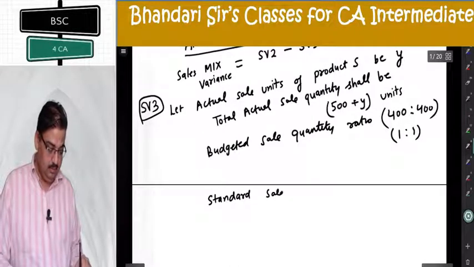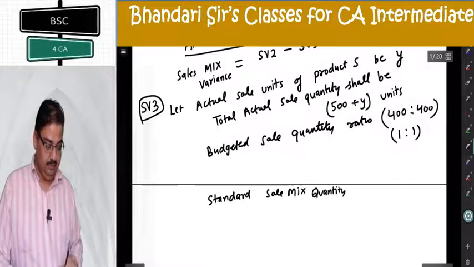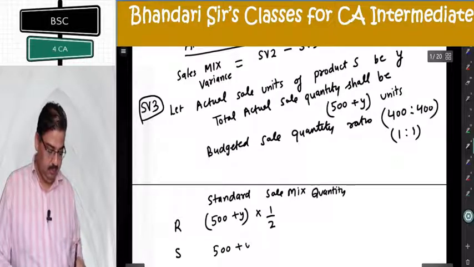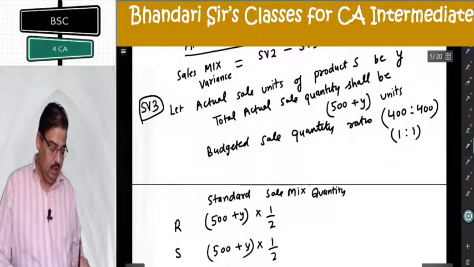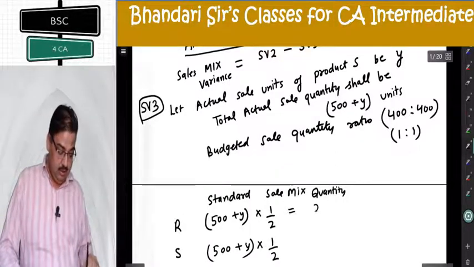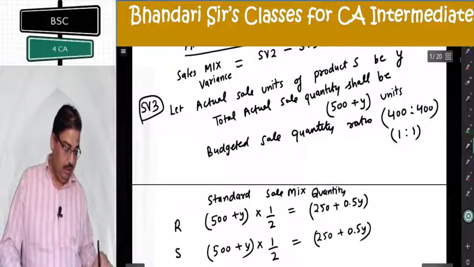Standard sale mix quantity for R and S: 500 plus Y into half, because it is 1 ratio 1, half and half will be multiplied there. This is standard sale mix quantity. 250 plus 0.5Y. This is to be multiplied with standard selling price per unit.